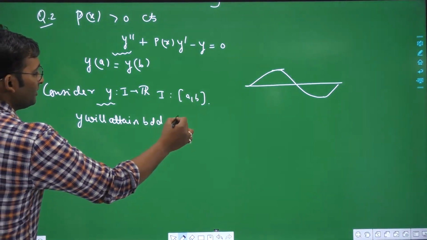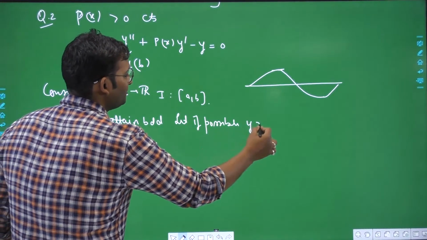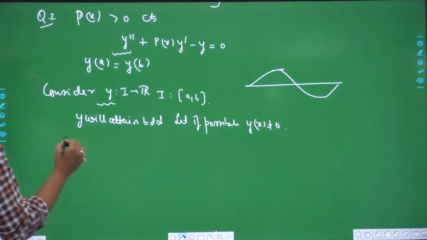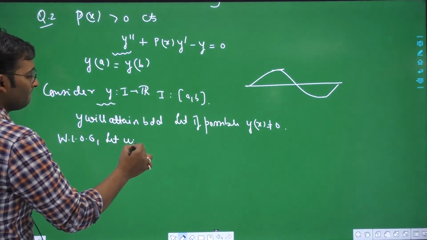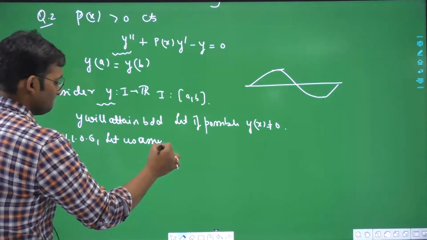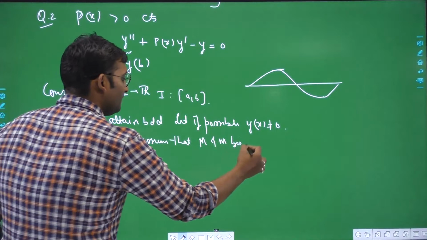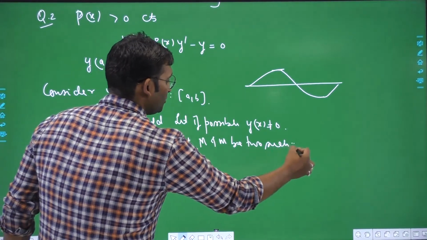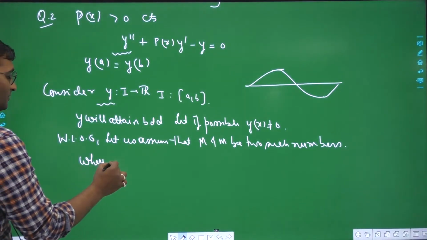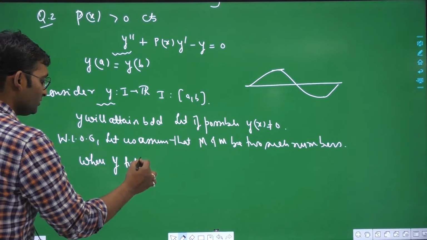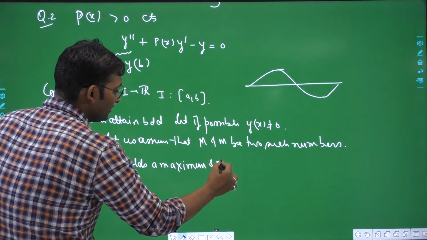So let, if possible, y(x) be non-zero. That implies, without loss of generality, let us assume that capital M and small m are two such numbers where y attains its maximum and minimum respectively.